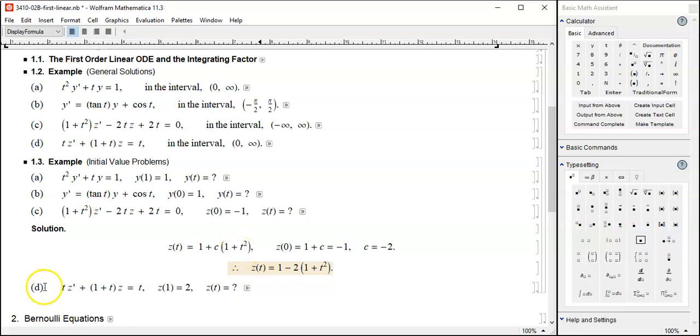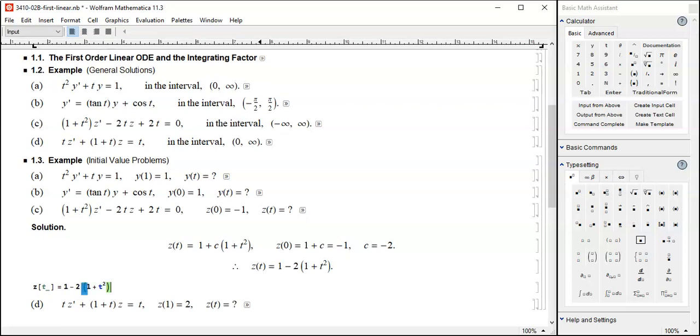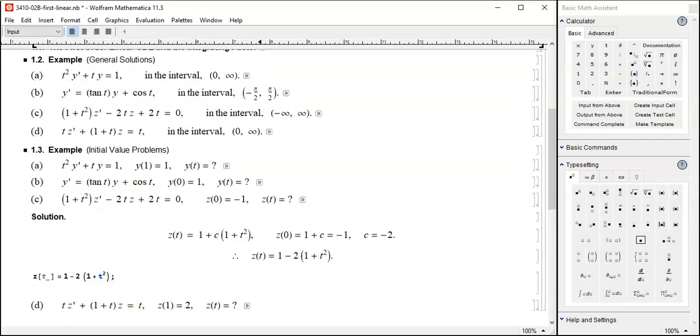Well, there's one good way to check, because I'm using a computer algebra system here. Z of t is defined as 1 minus 2 times 1 plus t squared. By the way, in case you're curious about this coding, when you define a function, you need this underscore. If you use just z and then bracket, then that's not going to define a function. Once you define it like this, afterwards it's just plain brackets.